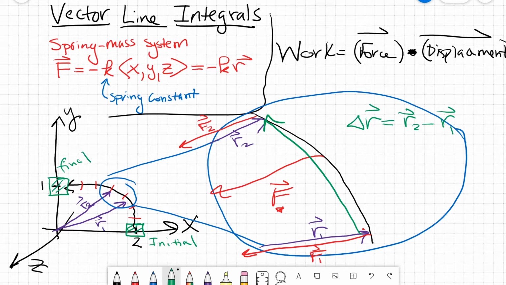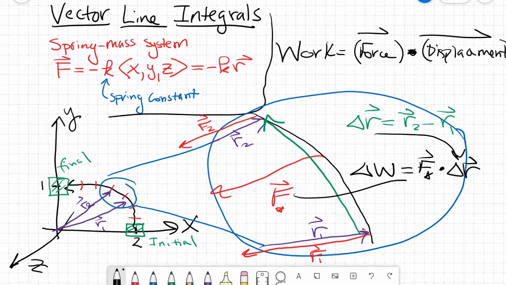And the smaller our segments, the more accurate this approximation. So the small amount of work that'll be done just through this small segment is going to be equal to F star dot delta R for just a small segment delta R. So that should give us the work done for just that small segment.